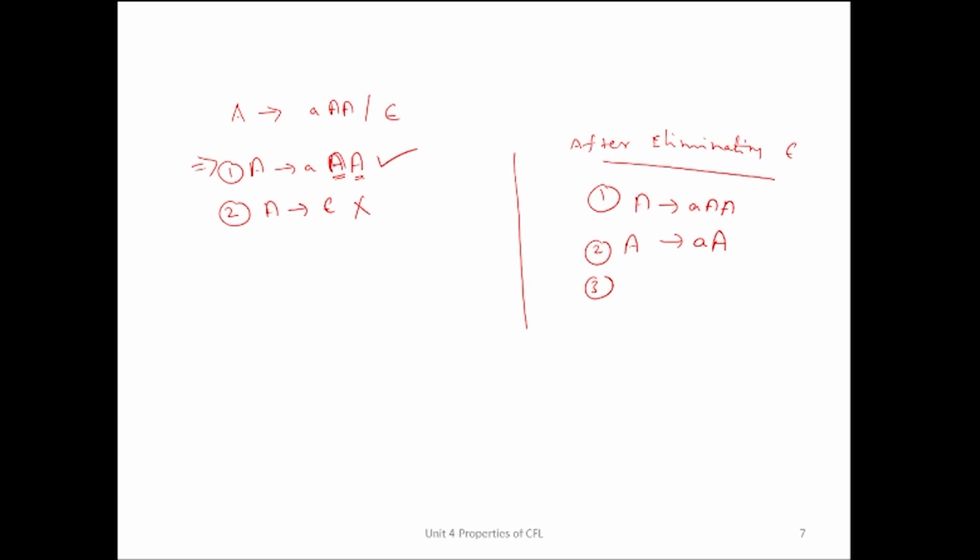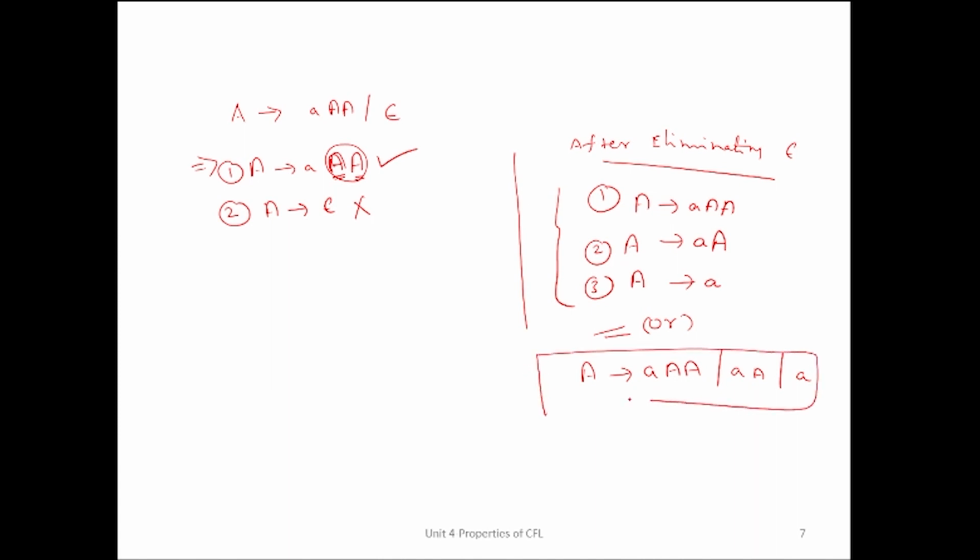The third time, I substitute both A as epsilon, so only small a is on the right side and A on the left. These three are the result after eliminating epsilon. You can write them separately or combine them in a single notation with the slash symbol.